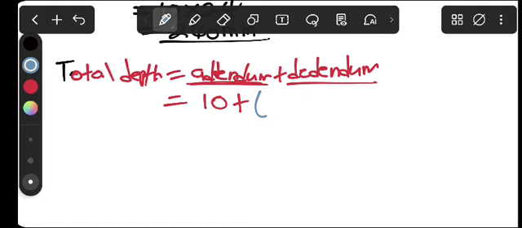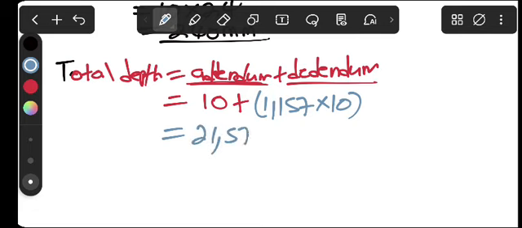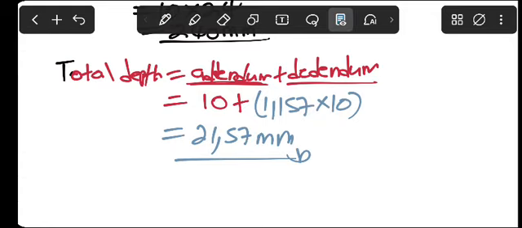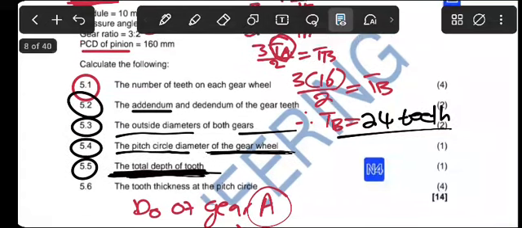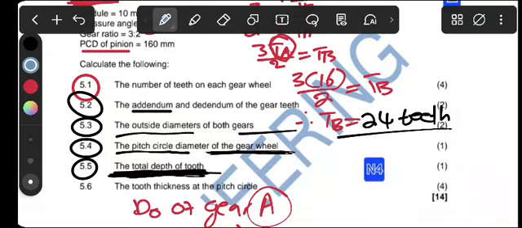But we know that dedendum is 1.157 multiplied by modulus, whereby it is 10. So we punch this, we'll have 21.57 millimeter. So that is our total depth. It is always calculated like that. So this thing is a repetition.